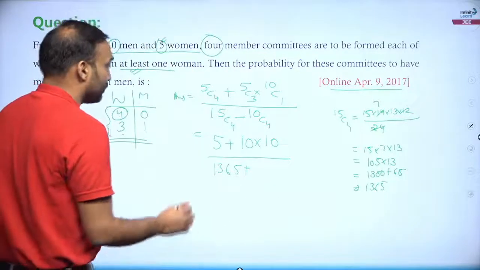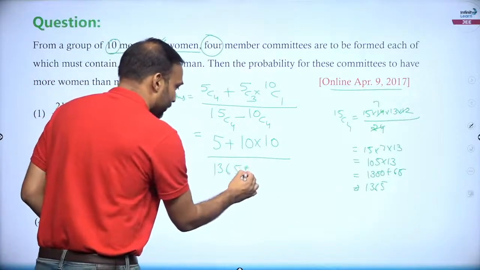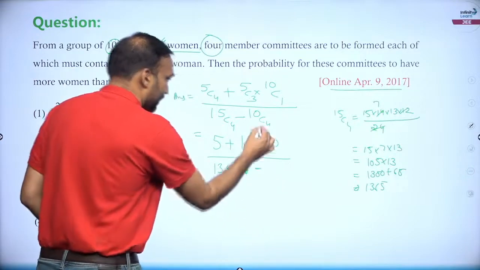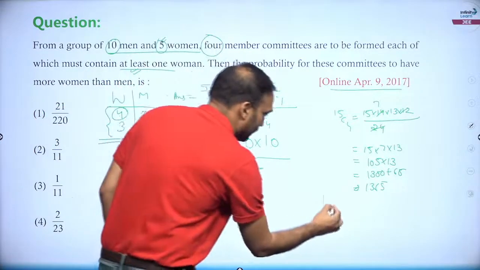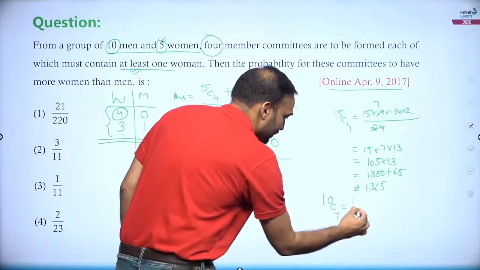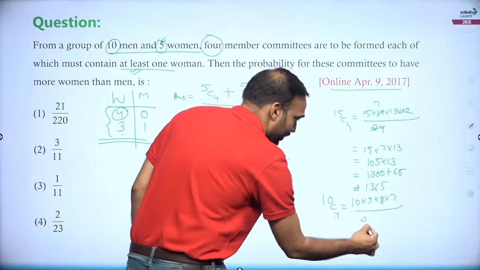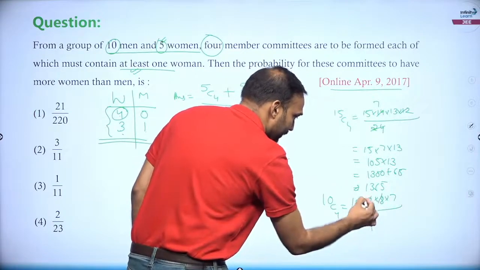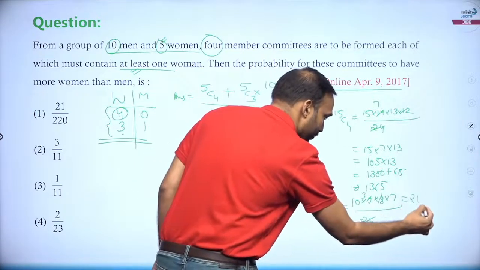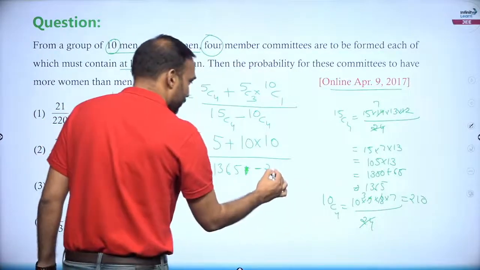So now we are left with 10C4 with a minus sign. Okay, so let us calculate 10C4 as well. 10C4 is 10 into 9 into 8 into 7 upon 24. So 8 3s are 24. So now I got 210. Okay, so this is 210.